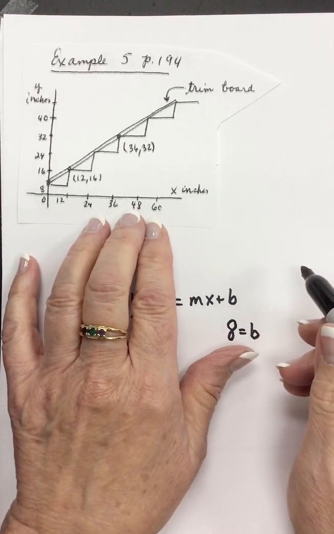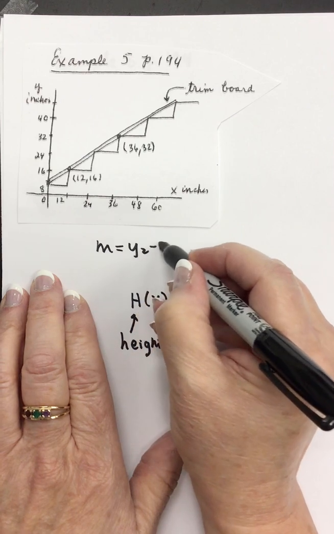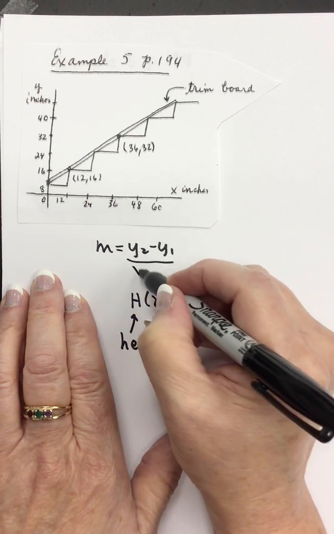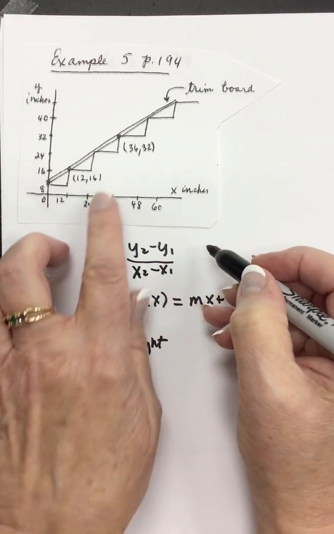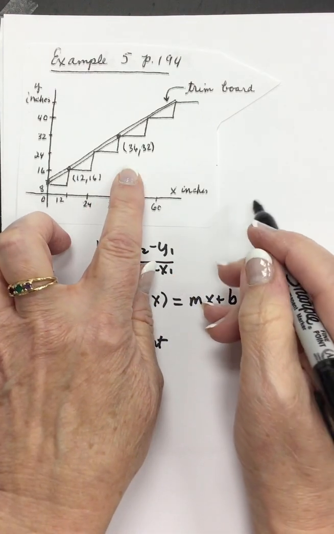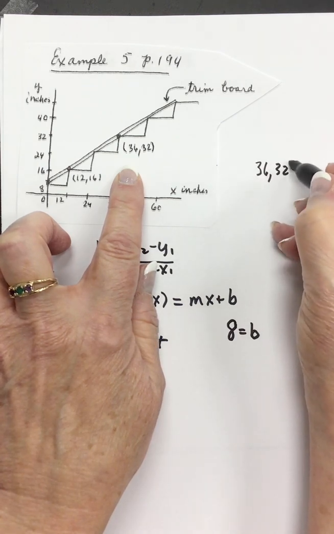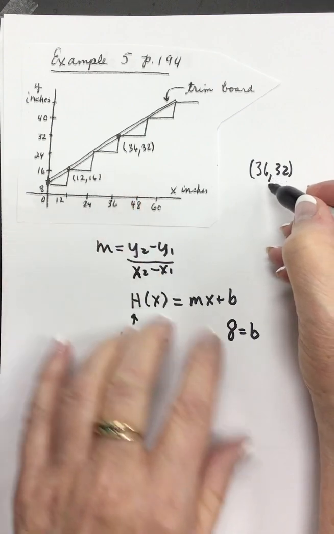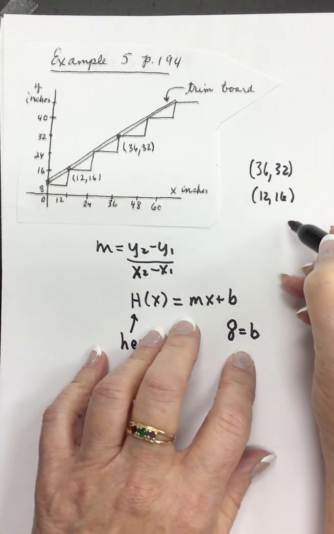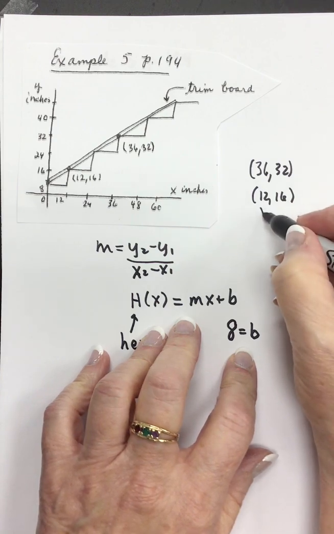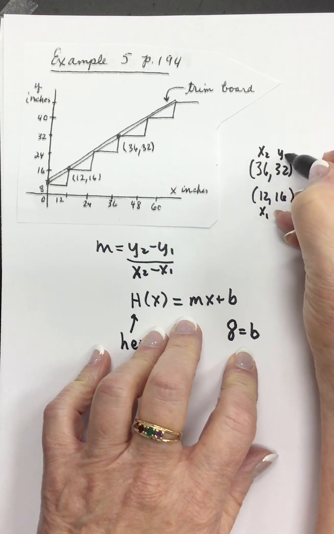So we had our slope formula, m equals y sub 2 minus y sub 1 over x sub 2 minus x sub 1. So our 2 points are 36, 32 and 12, 16. So I'm going to label this as x sub 1, y sub 1, and this one is x sub 2, y sub 2.